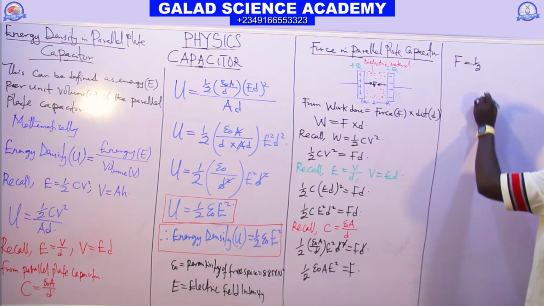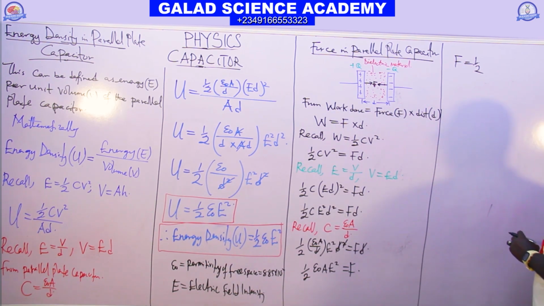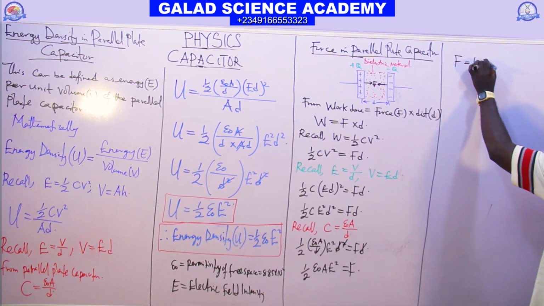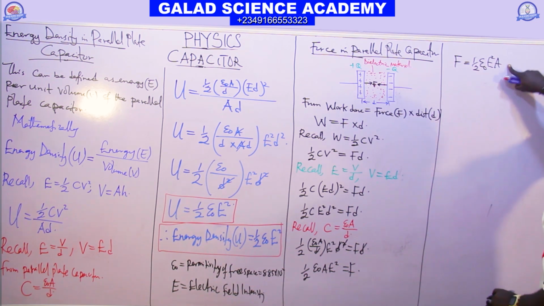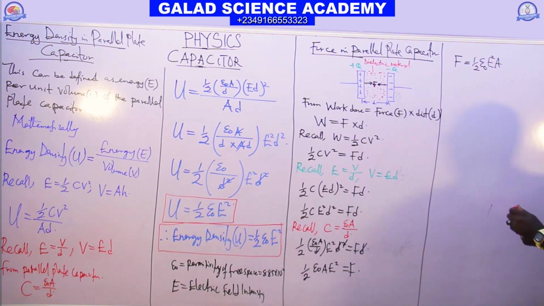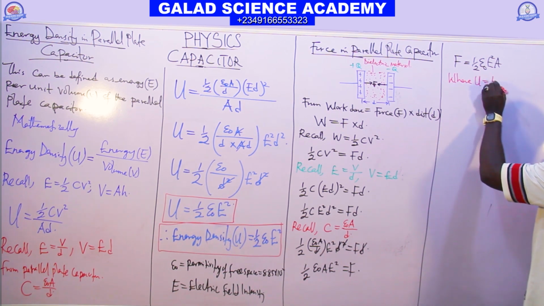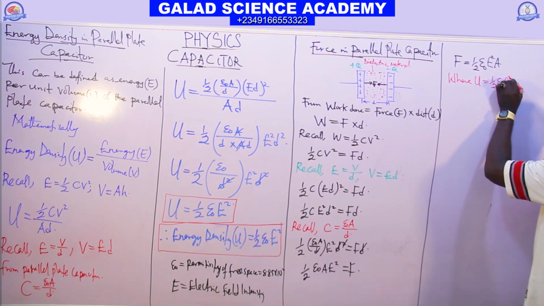So by doing that, we can move towards the force F, which will be equal to half of epsilon naught, electric field intensity squared, A. This is the force. And again, we can also state that the energy density U is equal to half of epsilon naught, the permittivity of free space, times the electric field intensity squared.